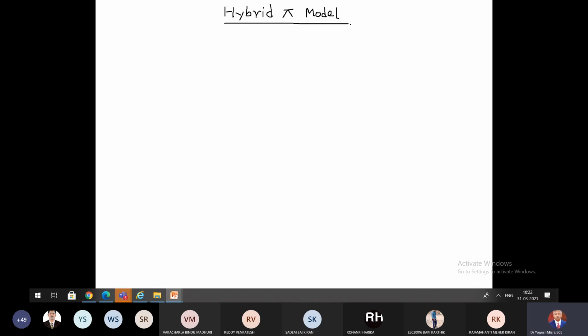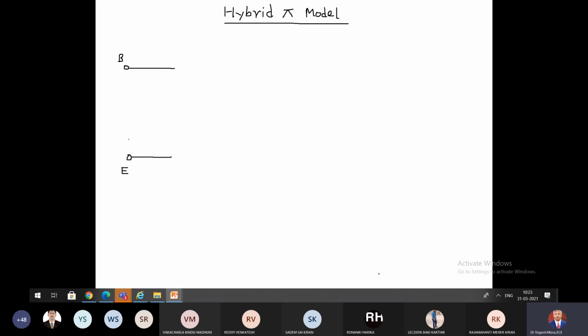This is our base terminal, and here we have our emitter terminal, right?